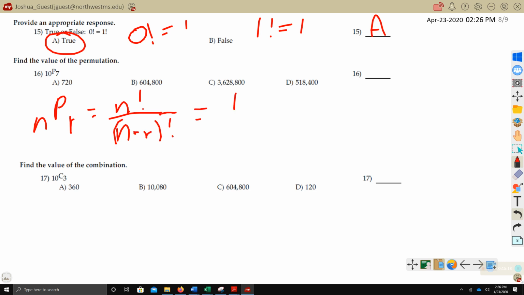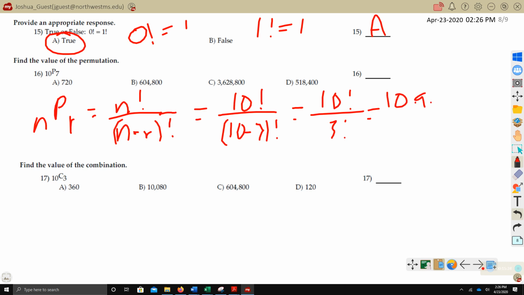So this one's going to be 10 factorial over 10 minus 7 factorial, which is 10 factorial over 3 factorial, which is 10 times 9 times 8 times 7 times 6 times 5 times 4 times 3 factorial over 3 factorial. And those divide out. So I'm left with 10 times 9 times 8 times 7 times 6 times 5 times 4, which is a bunch.